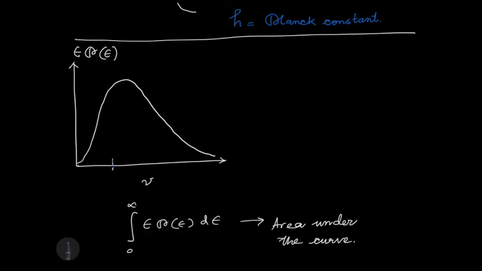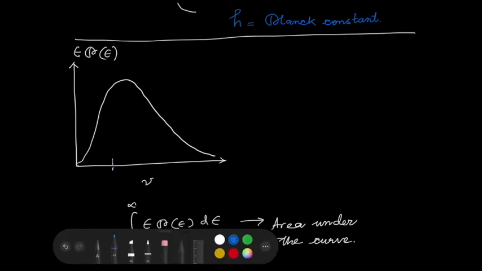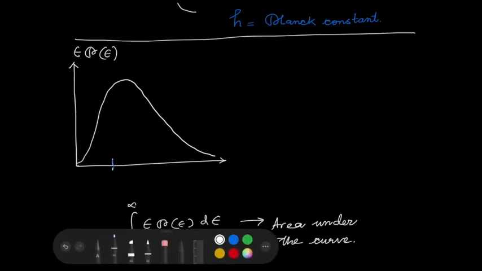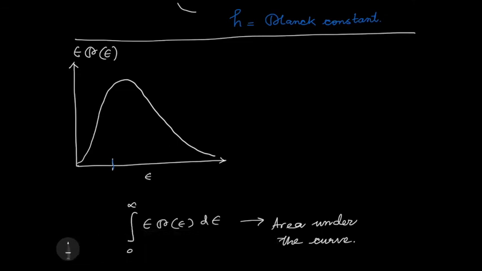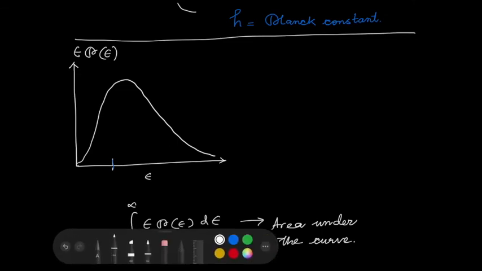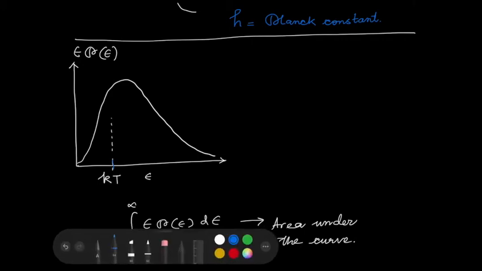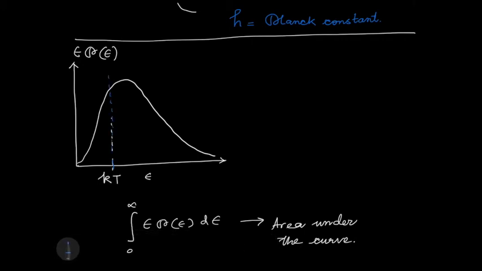Now, given a temperature kT, I have a frequency here, okay, so this x-axis is not frequency, this x-axis is epsilon. So given a value of temperature, I have an energy kT which I can label like this.